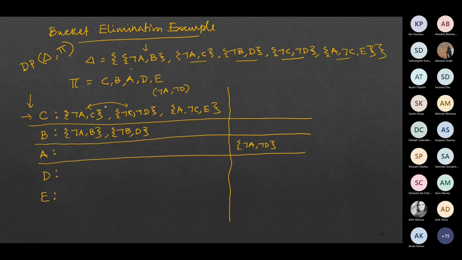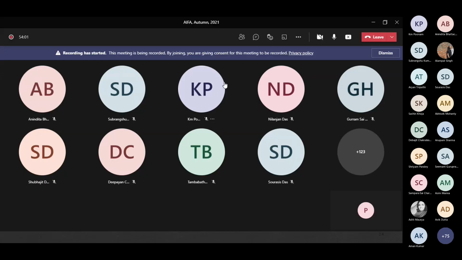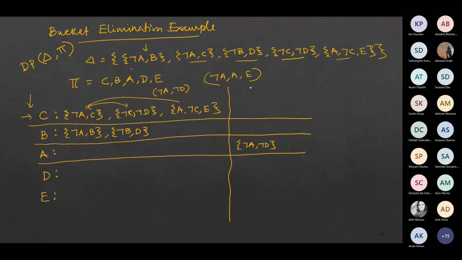Now, let us check this pair. This is also a candidate for C resolution. Now, if you resolve this, what will we obtain? We will obtain not of A, E. Should we put it somewhere? Why should we keep it?